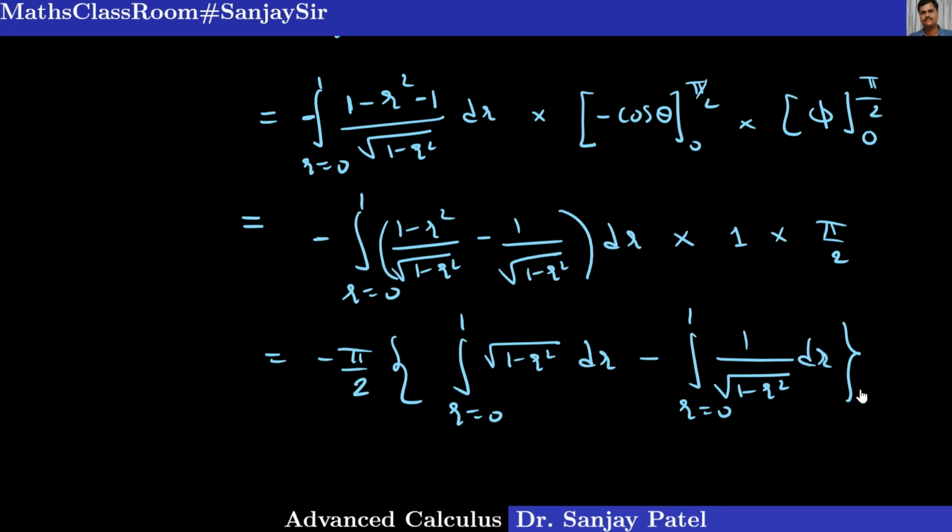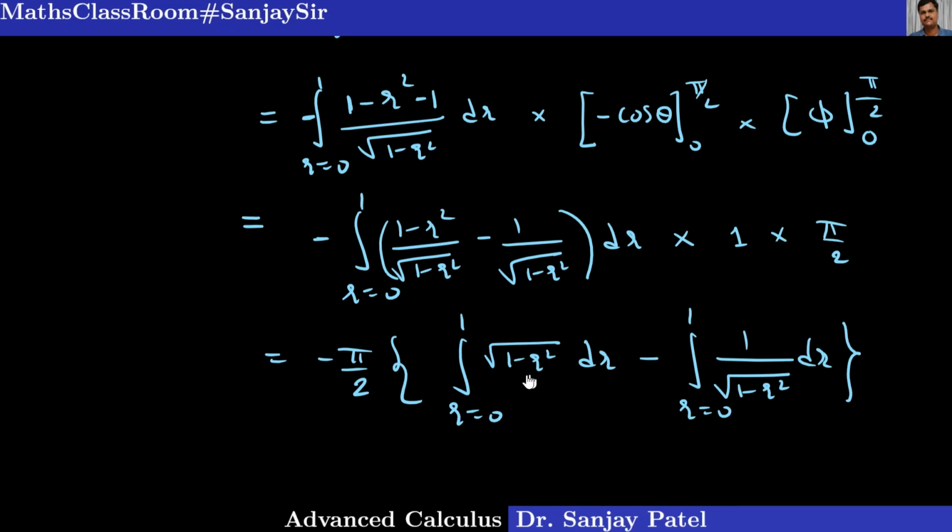Okay, we know there is a standard formula for integrating square root of 1 minus r square, and also for the other part. Or can we do something else? No, 1 minus r square. So I can take r is equal to, say, sine theta here, right?